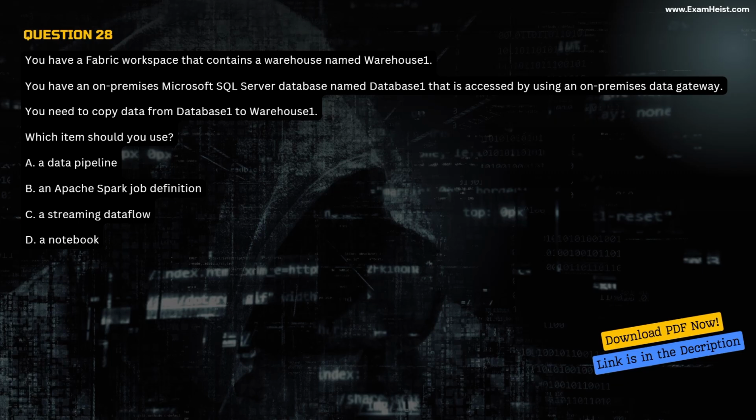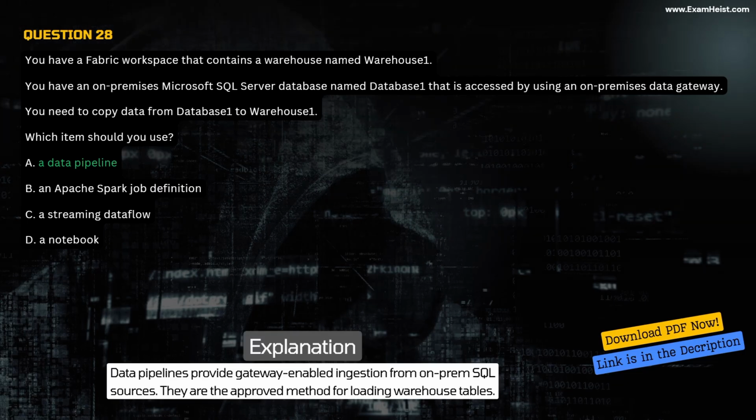B. An Apache Spark job definition. C. A streaming data flow. D. A notebook. Correct answer A. A data pipeline. Explanation. Data pipelines provide gateway-enabled ingestion from on-prem SQL sources. They are the approved method for loading warehouse tables.